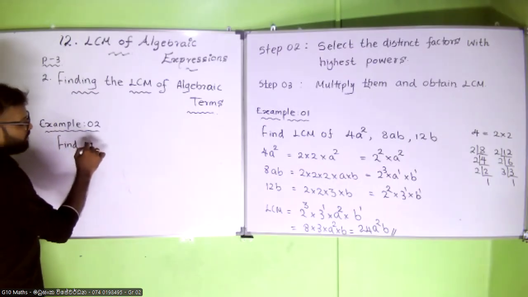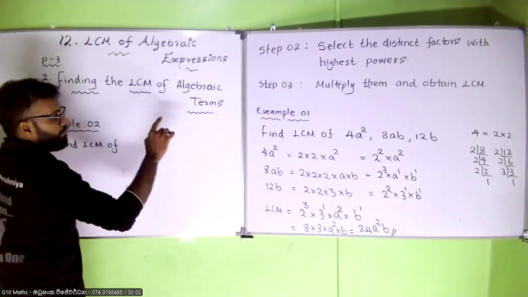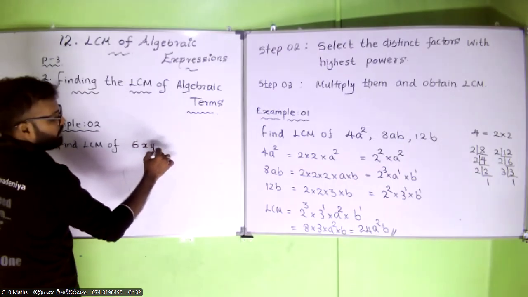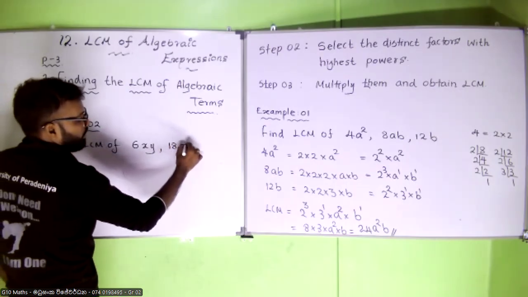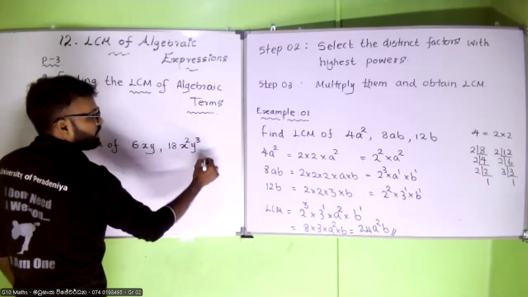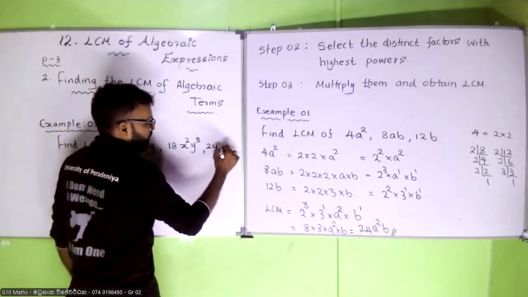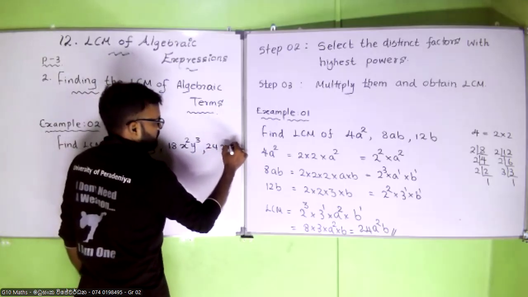Find the LCM of 6xy, comma, 18 x squared y to the power 3 and 24 x z.